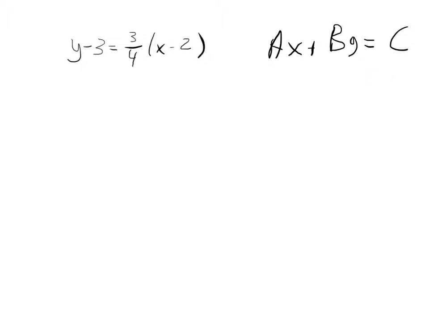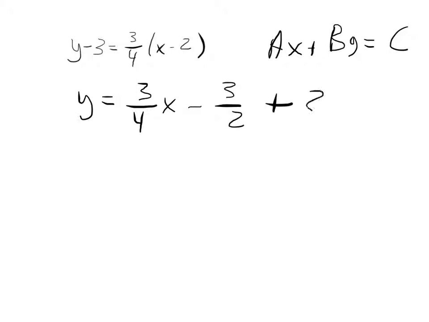So I can do that, again, by just doing a little algebraic manipulation. If I multiply through the 3/4 and move the 3 to the other side, I would get y equals 3/4 x minus 3/2 plus 3.